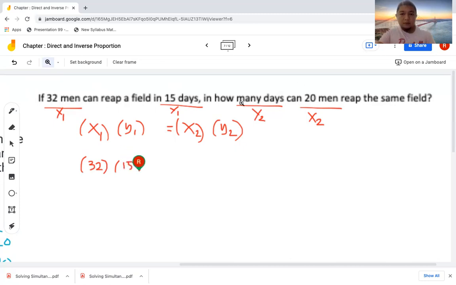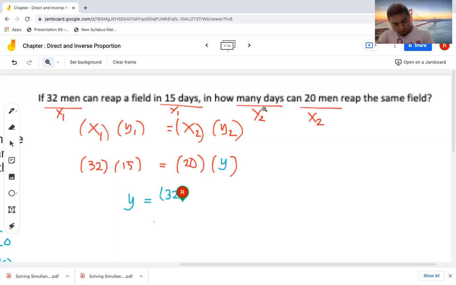Then x sub 2 is 20, and y sub 2 is the unknown, so we are just going to substitute it with y. Now solving for the value of y, which represents how many days, is just a procedure of doing y is equivalent to 32 times 15 divided by 20.